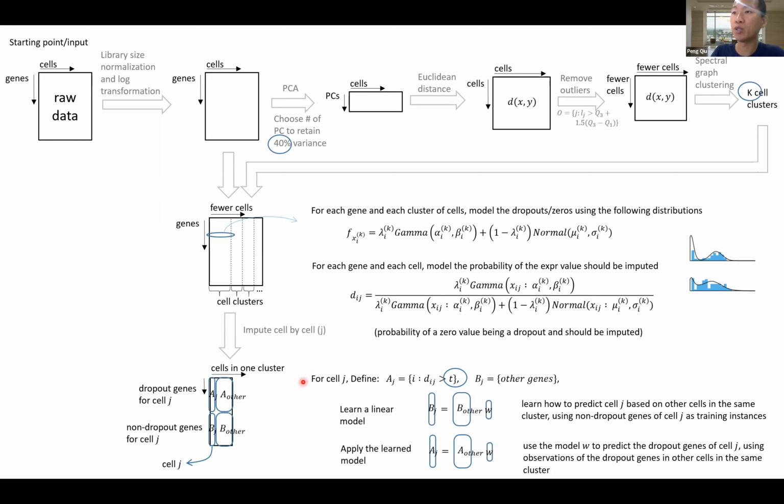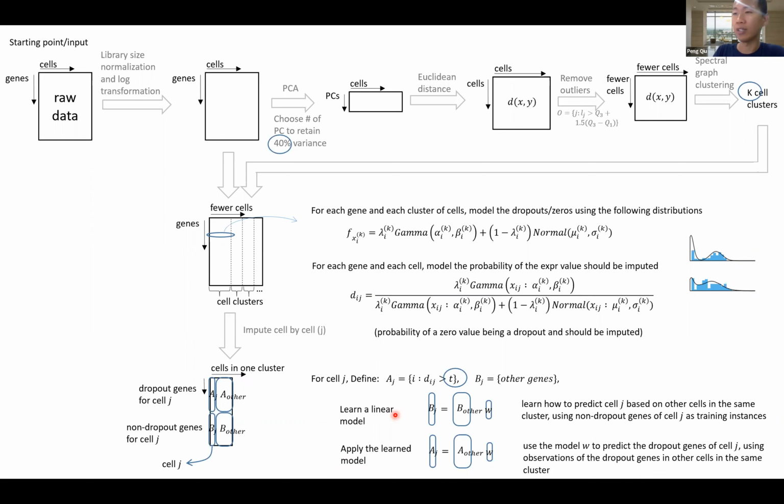And the way they do this is by some kind of linear regression analysis, which is quite tedious to explain, but it's done by looking at cells where a particular gene is expressed, seeing how that expression relates to other genes, and then using that relationship to make predictions on cells that show zero expression for this gene.